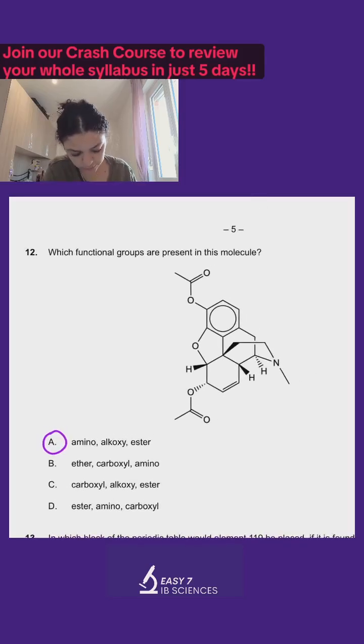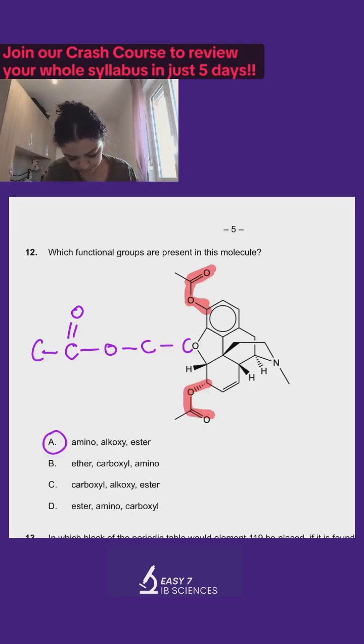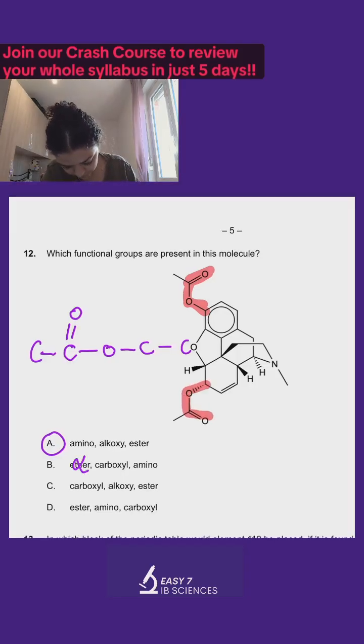So an ester group, what's an ester group? An ester group is when you have a C double bond O, bonded to another O, bonded to a C. That's an ester group. Just like so. So where can we notice that? We can notice that in lots of places. So one here and one here. So we definitely know we have an ester, and it's not an ether. So we can cross out B. Next we have a carboxyl group.